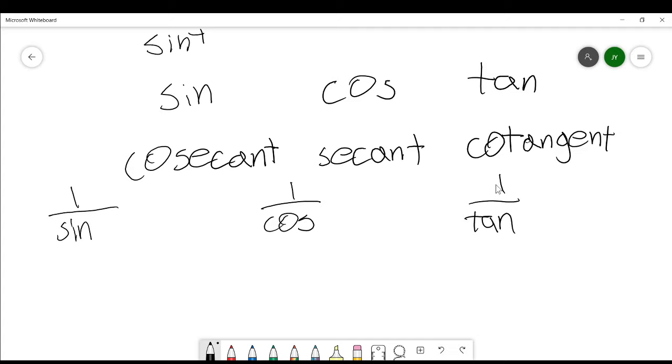Oh, and another thing, tangent is sine over cosine, right? So if you flip over tangent, it becomes cosine over sine. Right. So let's look at an application problem for this.